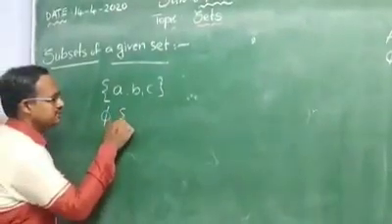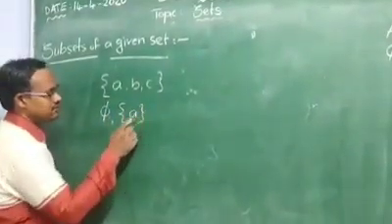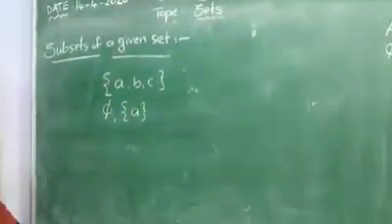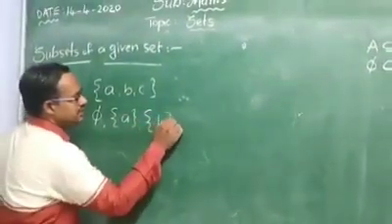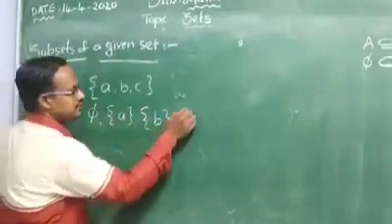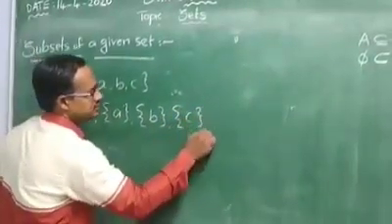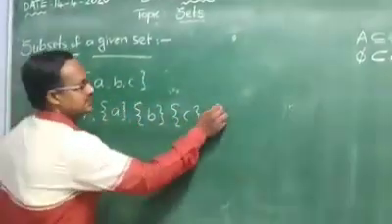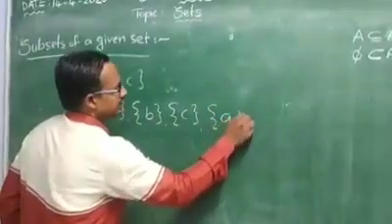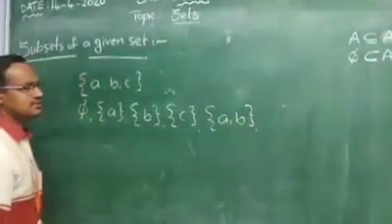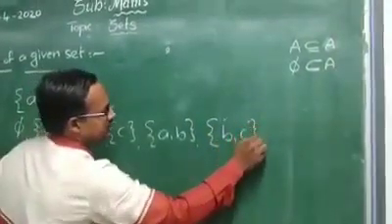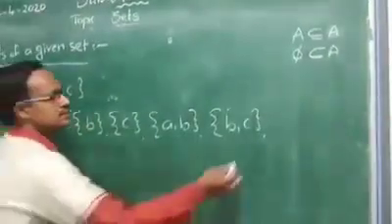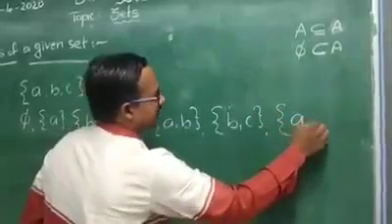And next one is the set of A. So this is a subset of the given set. Like this, the set of B, the set of C, the set of A comma B, the set of B comma C, the set of A comma C.